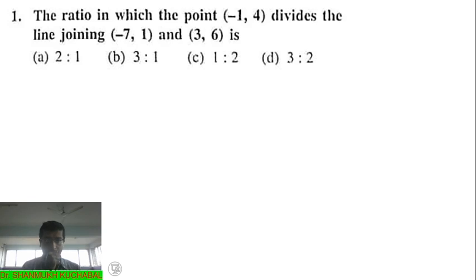The first question is: the ratio in which the point (-1, 4) divides the line joining (-7, 1) and (3, 6) is. Here it is given that (x, y) is (-1, 4).